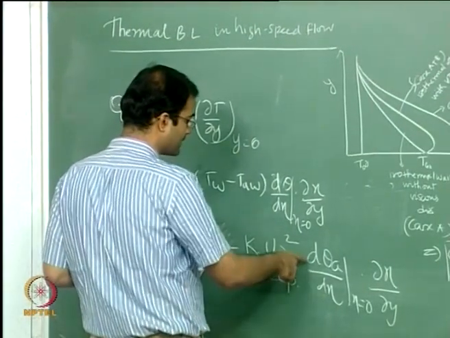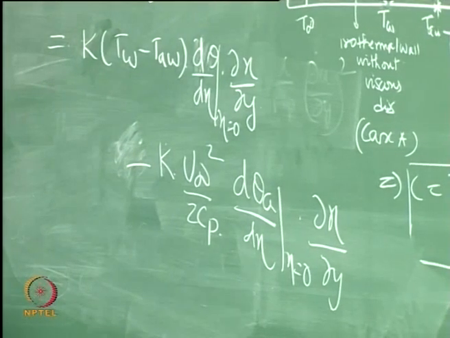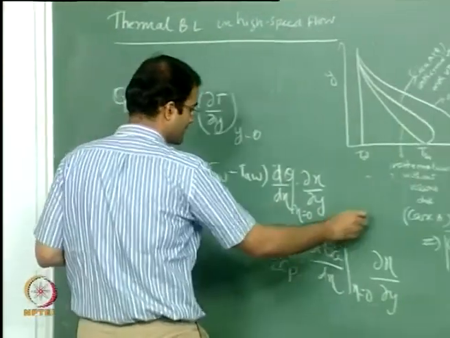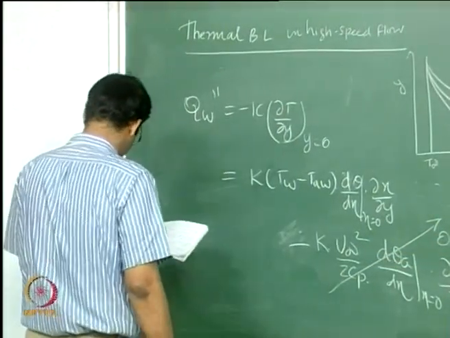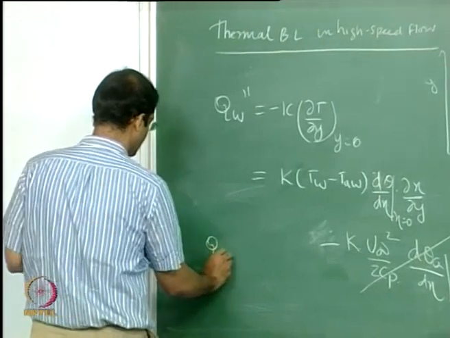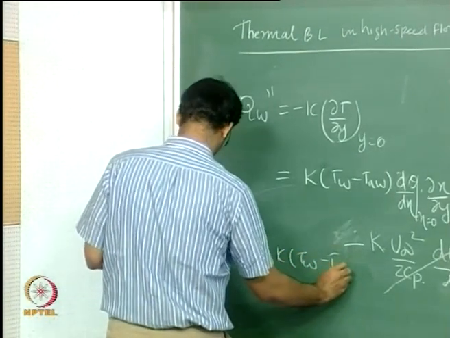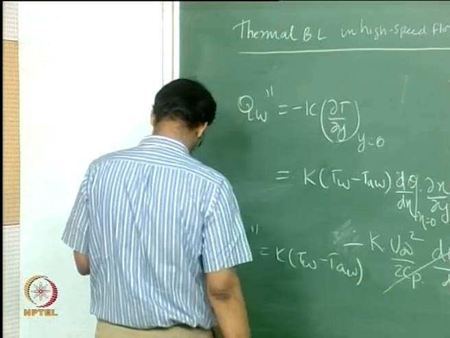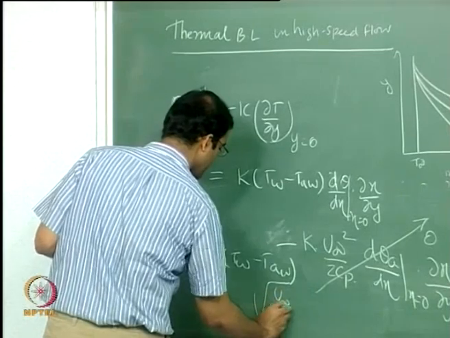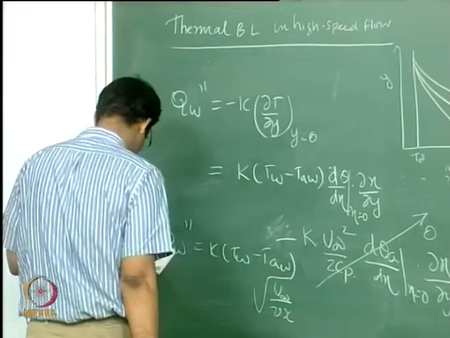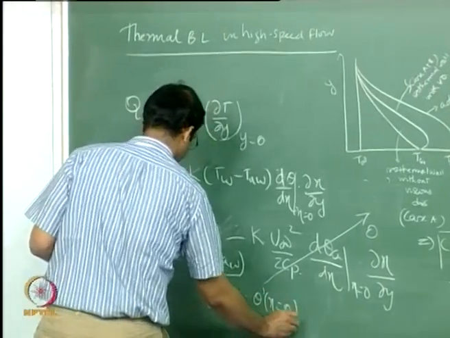Now what is the value of d theta a by d eta at eta equal to 0? So this entire term can be knocked off, and this can be written as q wall into d eta by dy, which is square root of U infinity by nu x, okay, into theta prime at eta equal to 0.